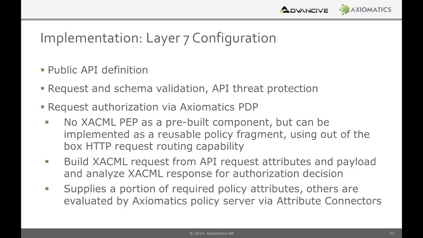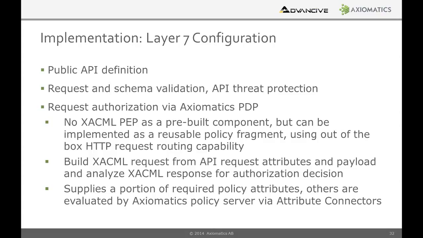Another point we'll also look at is that Layer 7 is only capable of supplying a portion of the required policy attributes. When you look at the XML payload, it's going to have attributes such as physician ID and patient ID, but it doesn't have any data that determines the relationship between that patient and that physician, right?